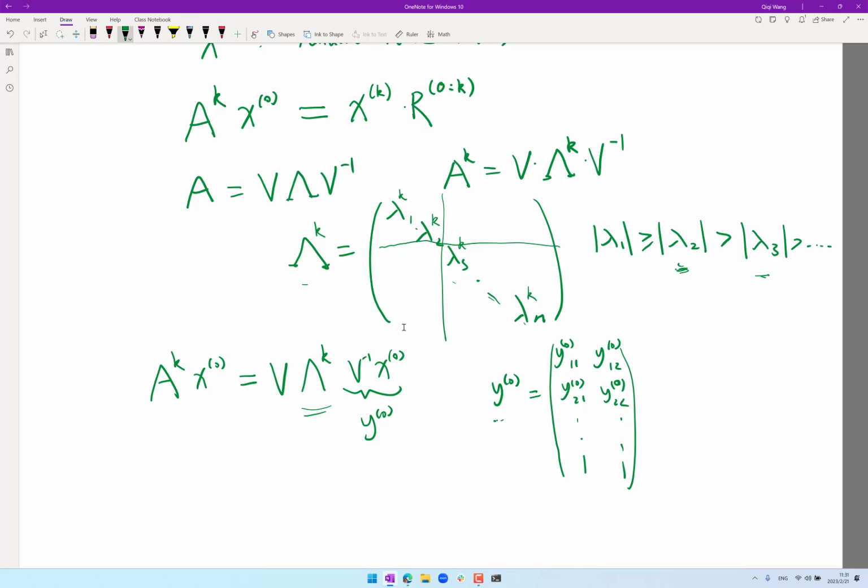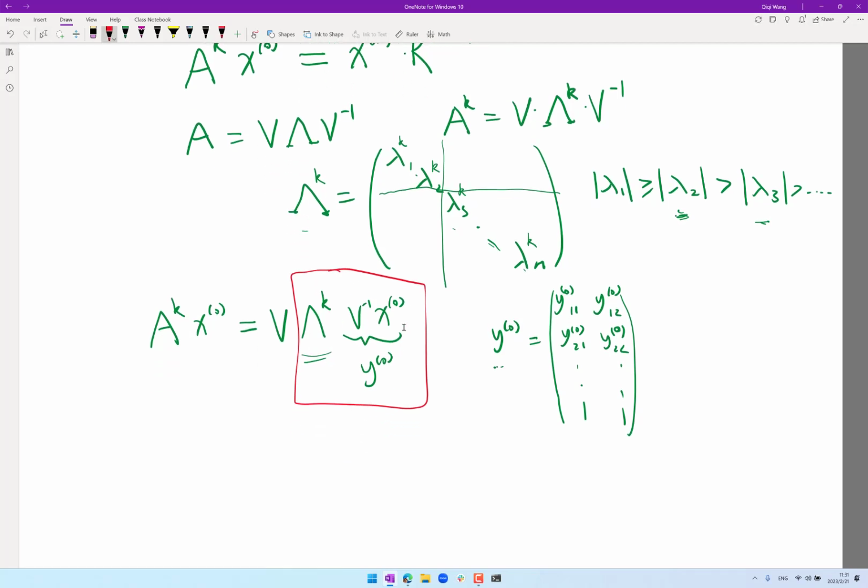So if you look at this matrix multiplication, which is lambda to the kth power times y0, we can actually write it into two different blocks. The first block is lambda 1 to the kth power, lambda 2 to the kth power, times just the first 2 by 2 entries of this y0.